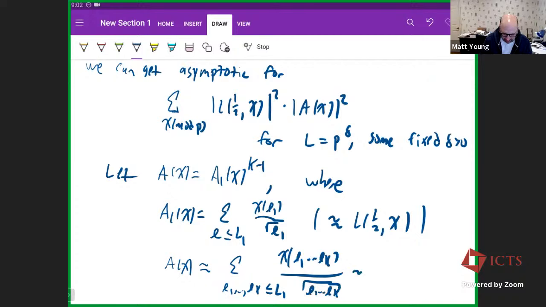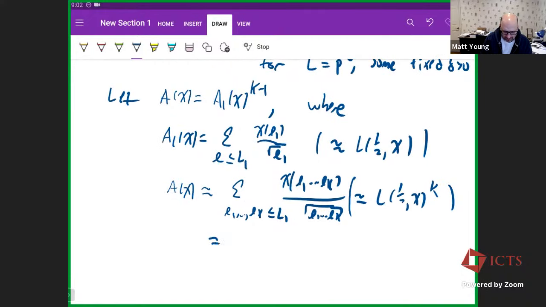And this is kind of like, again in scare quotes, L of a half chi to the kth power. And this thing is some sort of Dirichlet polynomial where the biggest the coefficient ever gets is L1 to the power k.